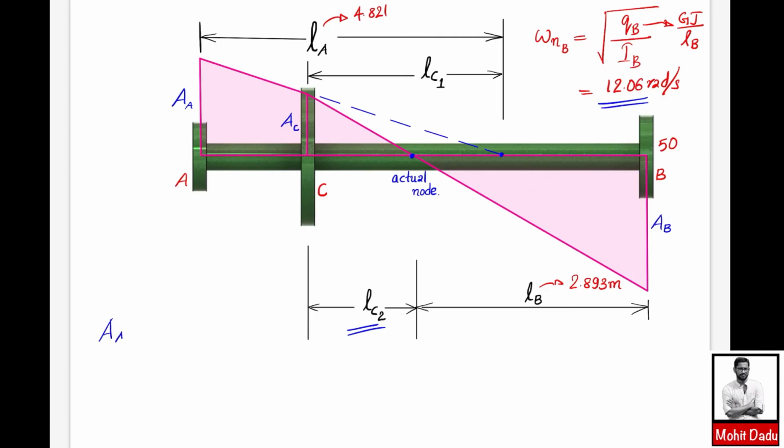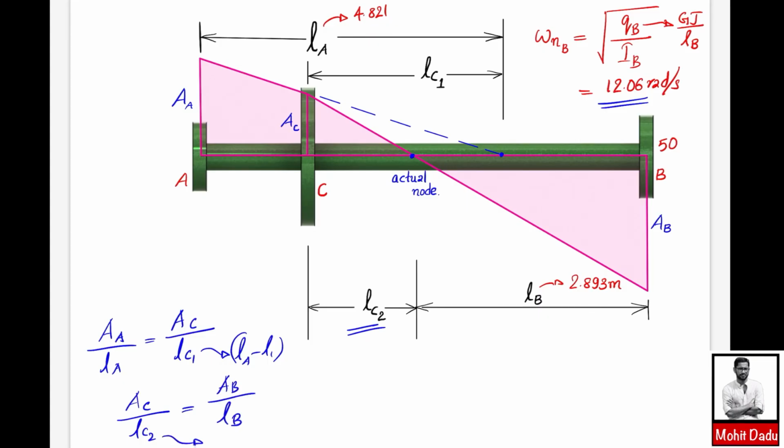So I can write these equations: AA divided by LA equals AC divided by LC1, where LC1 is equal to LA minus L1. And AC divided by LC2 is equal to AB divided by LB, where LC2 is equal to L2 minus LB. You can use these equations to find the relative amplitudes.